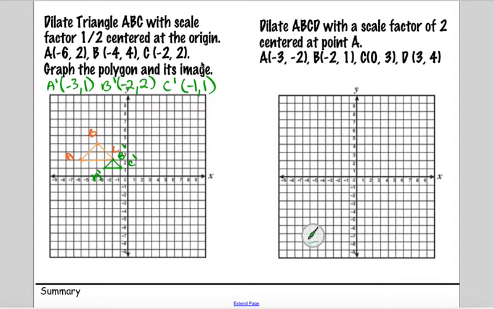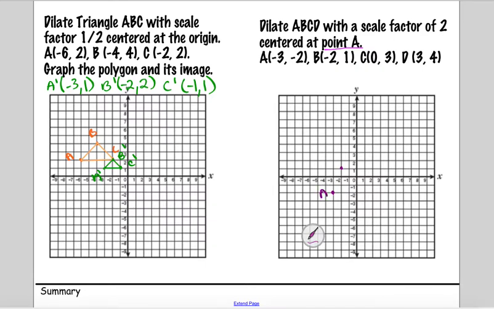So now the one on the right is a little bit tougher because it's not centered at the origin. It's centered at point A. So we're going to plot the original and then we're going to plot the new. So for the original, A is at -3,-2. B is at -2,1.